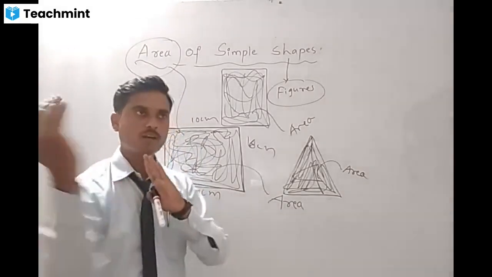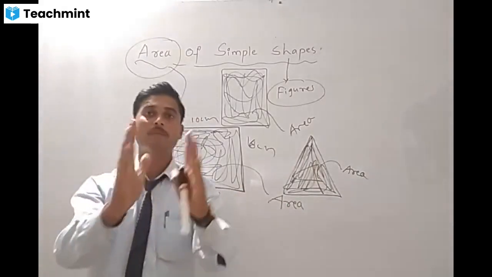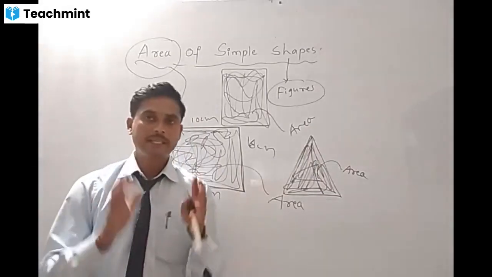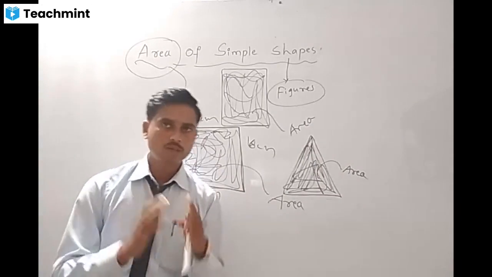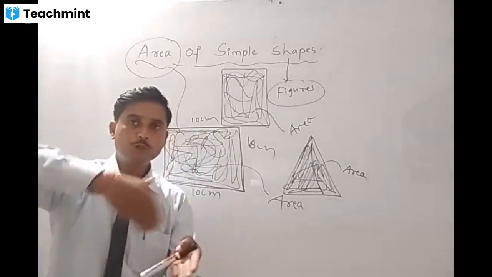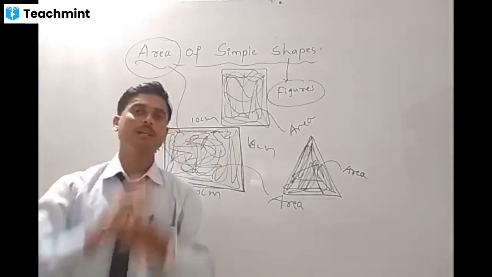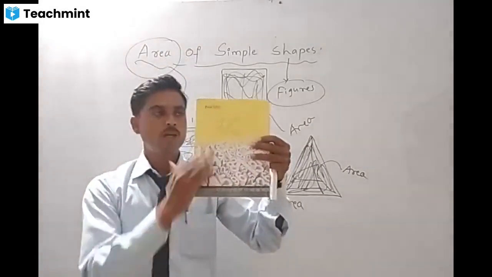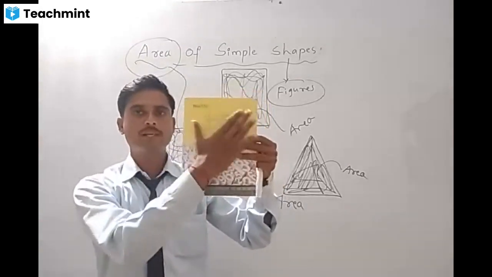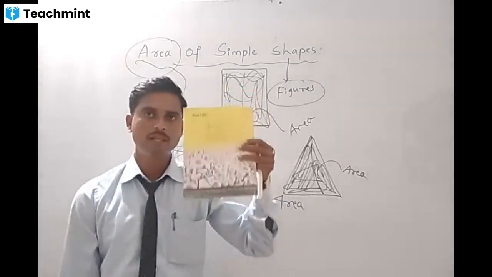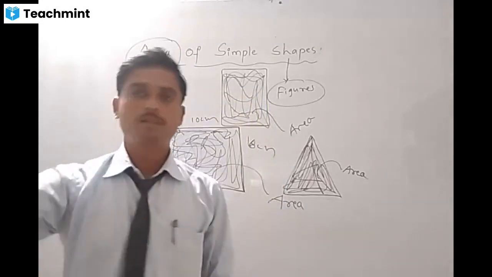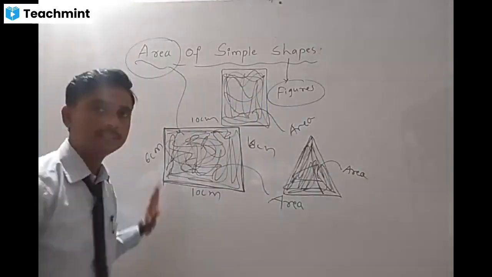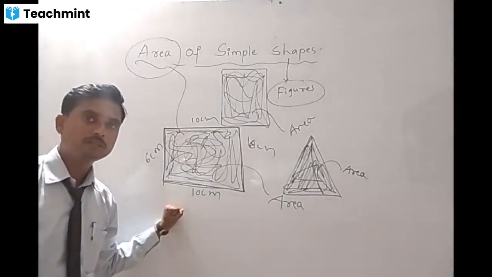How much place the hall occupies is the area of your hall. When you sit on a chair, how much place you occupy is your area. Understand? This textbook has how much place, we call this area, and the whiteboard occupies how much place, that is the area of the whiteboard.